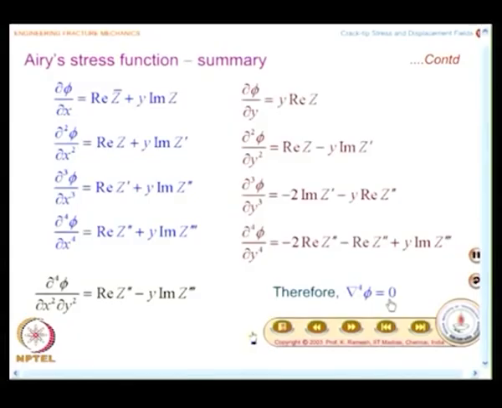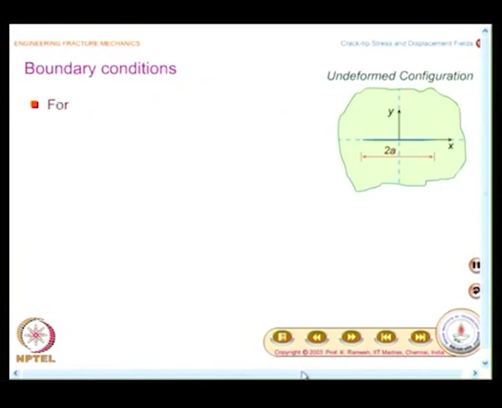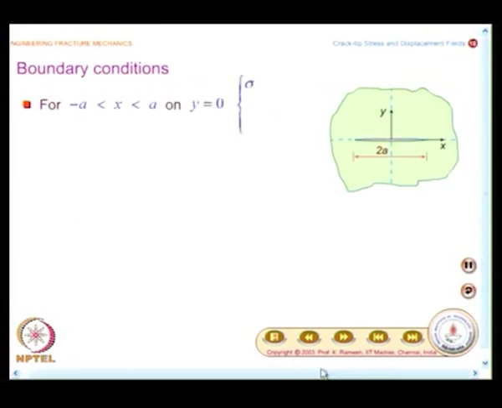Then we will compare the solution, the stress field we obtain, with that of the experiments. Then we will investigate what kind of corrections that we need to make. At that stage, we will come back and raise a very fundamental question, whether the stress function we have selected is indeed comprehensive or not. So, we will keep that question in abeyance for the time being.